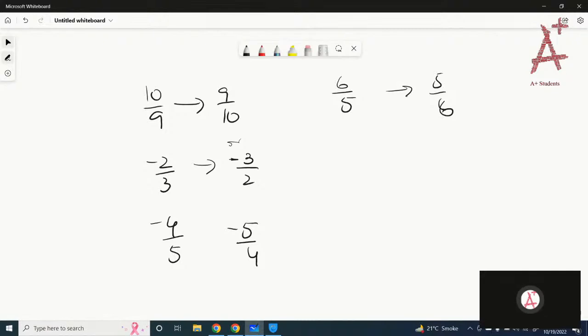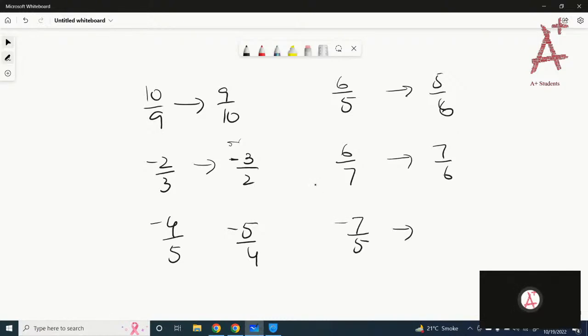Okay, the next one is, what is the multiplicative inverse of 6 over 7? So the multiplicative inverse of 6 over 7 is 7 over 6. Got it? Okay, the next one is, what is the multiplicative inverse of negative 7 over 5?